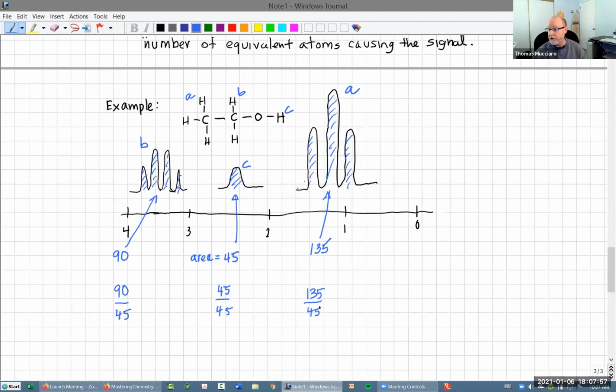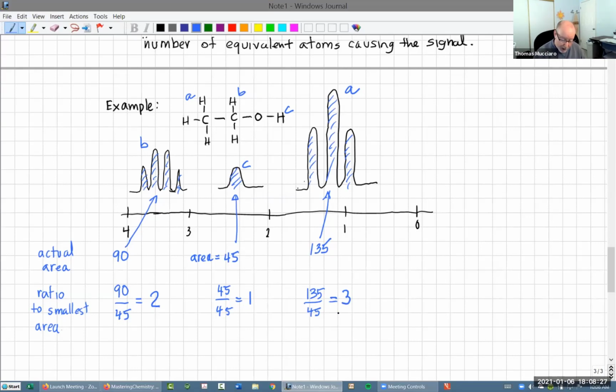So do you see that's a ratio then, right? So this one, for example, is 2. This one is 1. This one is 3. Do you see?